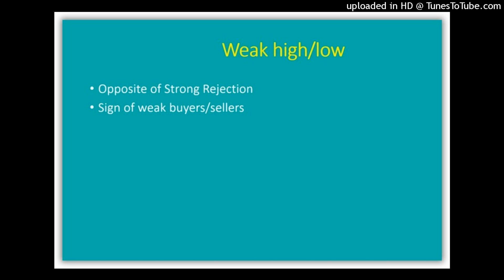Another way you can use the weak lows and weak highs is that you don't close your trade if a weak high or weak low stands in your way. What that means is, imagine that you are in a long position and then there is a weak high created. This is the weak high, all right?